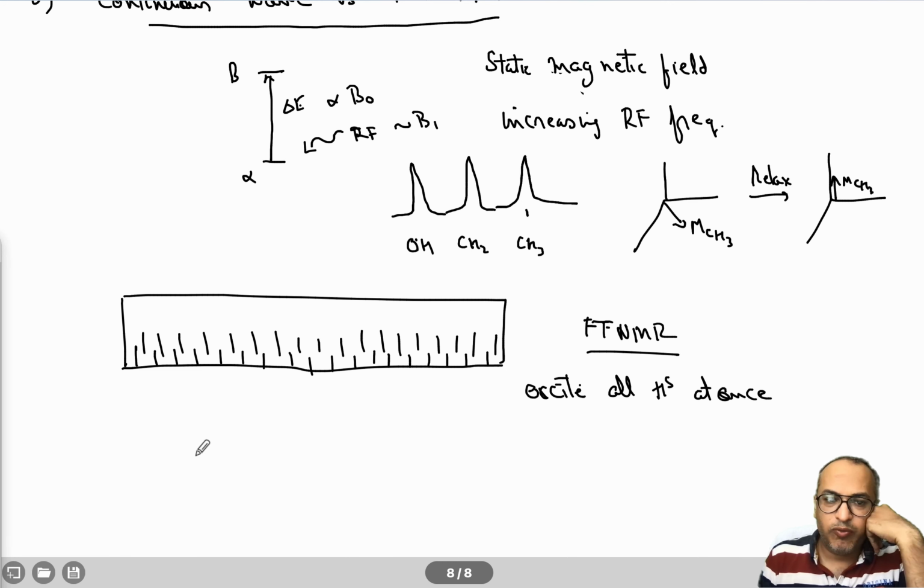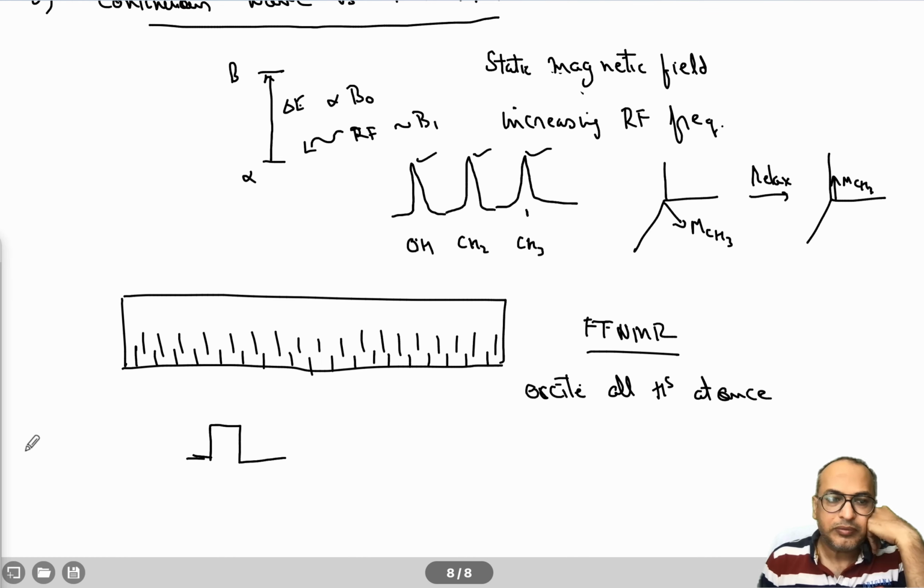So in the same fashion, what we do in case of Fourier transform NMR, instead of exciting each proton one by one, we excite all the protons simultaneously by applying a band of frequencies. So this particular band of radio frequencies contains the excitation frequency for OH, for CH2, for CH3 simultaneously.